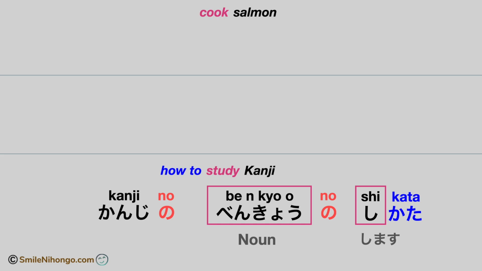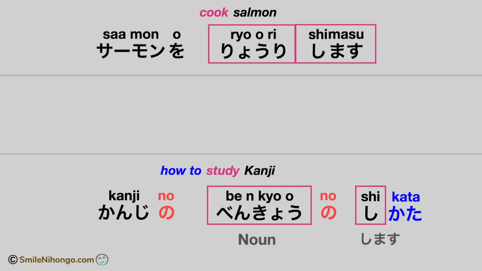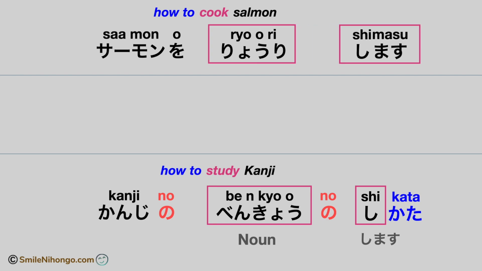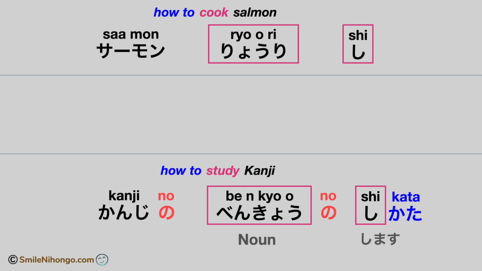Let's use cook salmon as an example, which is サーモンを料理します。If you want to say how to cook salmon, now you need to separate 料理 and します。Take out the stem of the verb します, which is し and then say サーモンの料理の仕方。This is how you say how to cook salmon in Japanese.